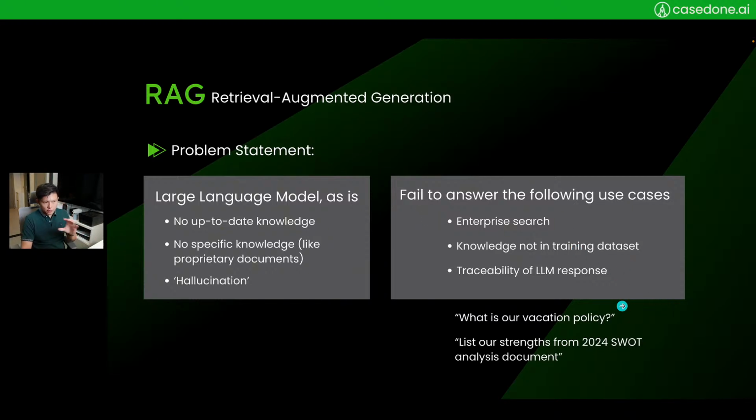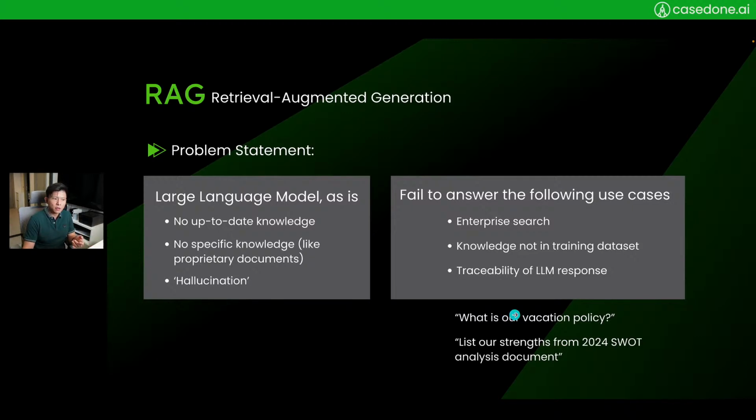To give you a solid example of what kind of questions are like this: if you ask the model, what is our vacation policy, typically GPT 3.5 would not know, because it has never seen what kind of vacation policy your company has.